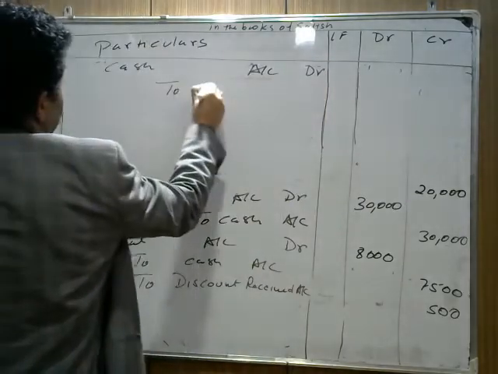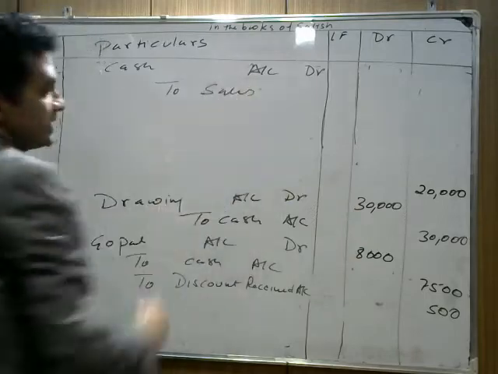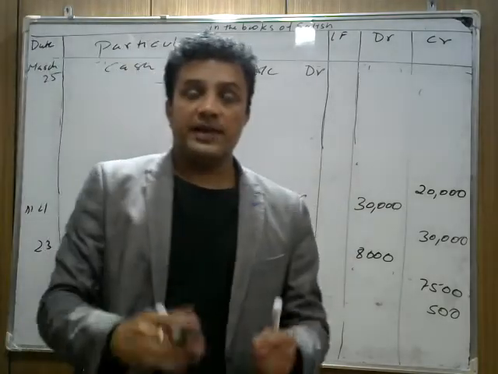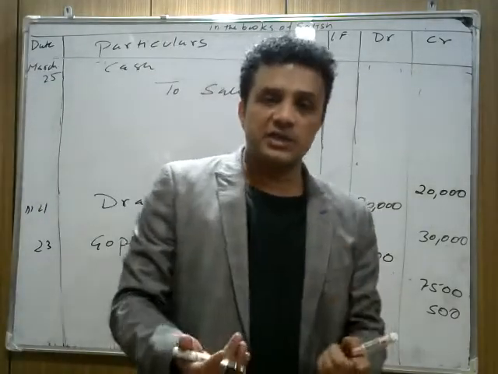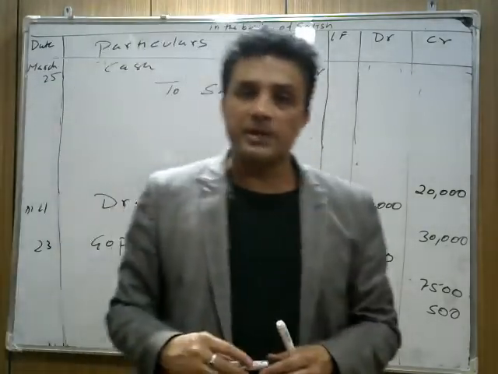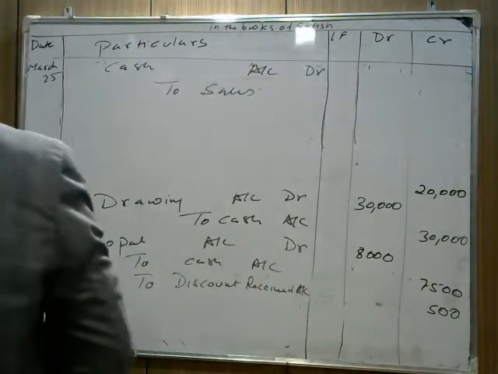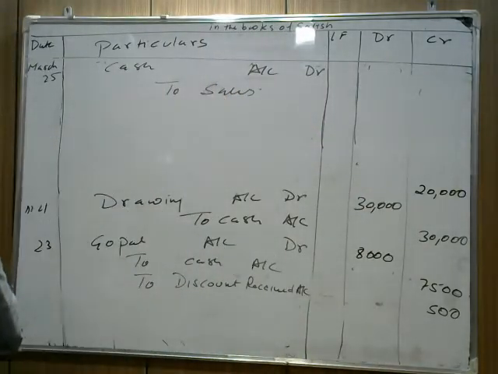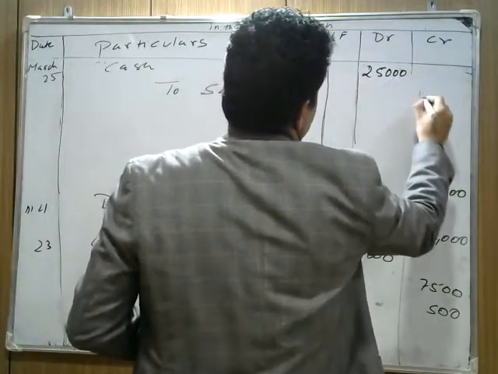Now if we write something wrong in questions, the simple thing is we sold goods to Subbir on cash, so we cannot write the name because we already received the cash. So we simply write cash account debit to sales account, and we sold goods 25,000.